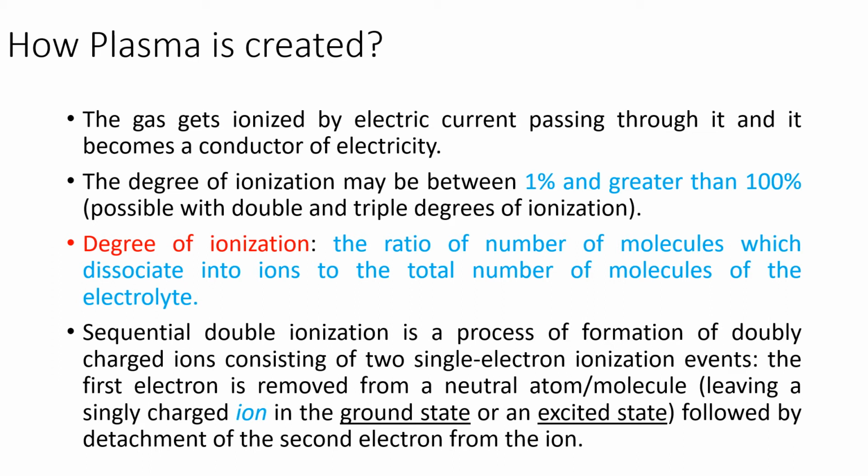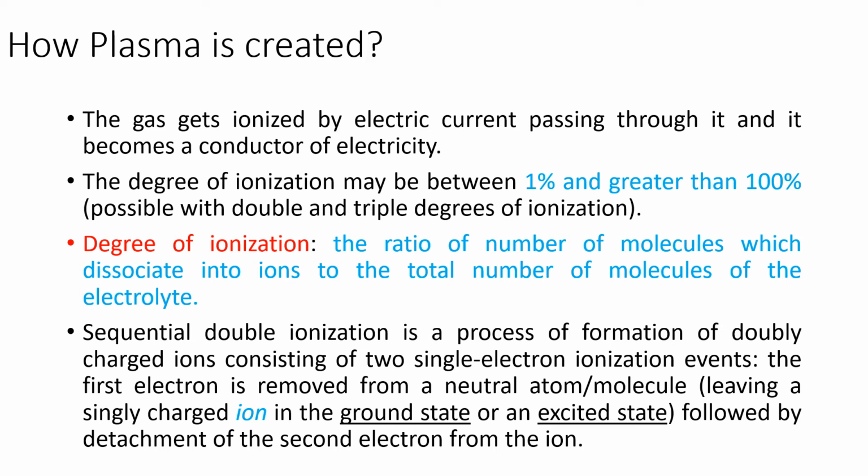So here one process we are seeing is that by passing electric current through the gas, that gas becomes ionized, and that is called plasma, and it becomes a conductor of electricity. Ionization is the main thing by which plasma is created, so we need to know the degree of ionization.